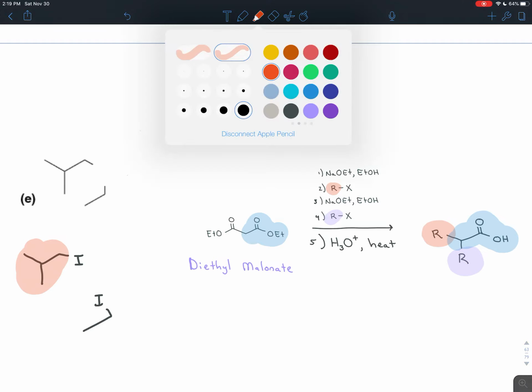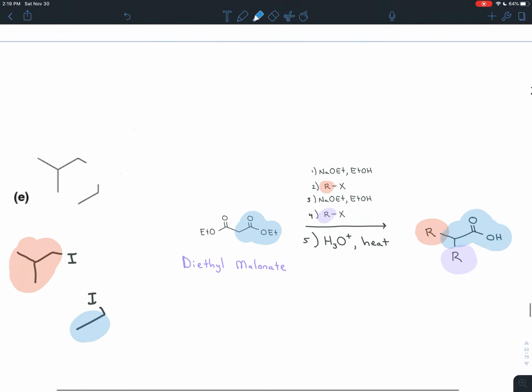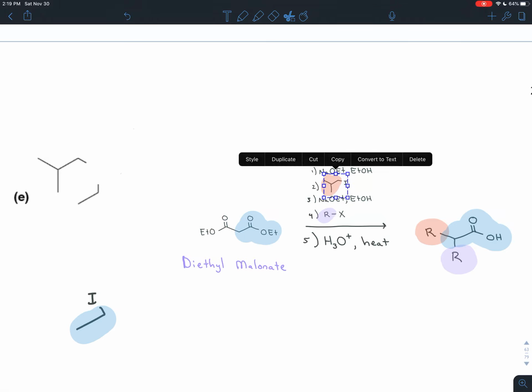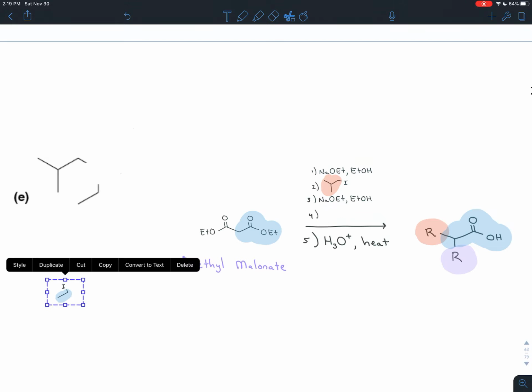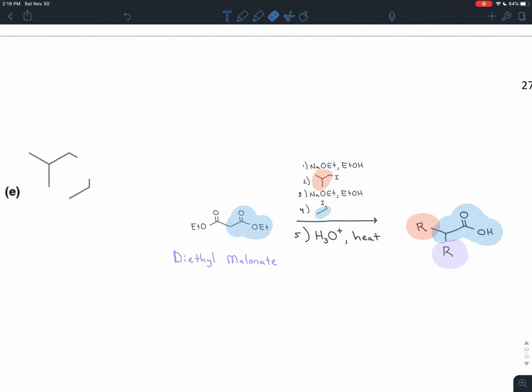So if we have our first alkyl halide and then our second alkyl halide, we can replace this Rx here with this first one. We can replace the second Rx with our second one. And there we have our recipe.